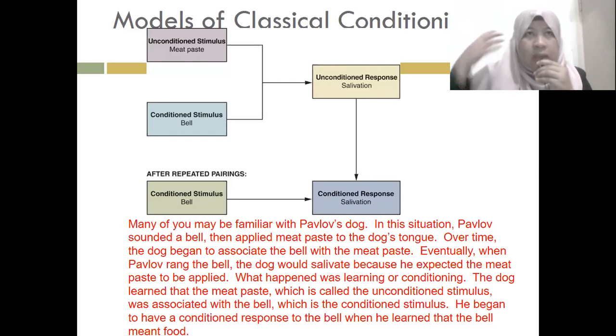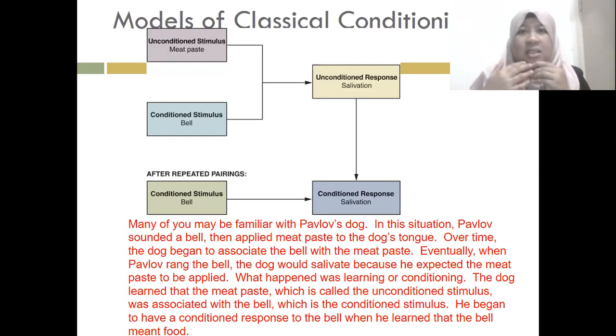Every time the bell rings, there will be saliva in the tongue, waiting for the meat paste to be given. When the bell keeps ringing, it listens to it, and automatically the saliva will occur. So this is what we call the model of classical conditioning that I told you before.